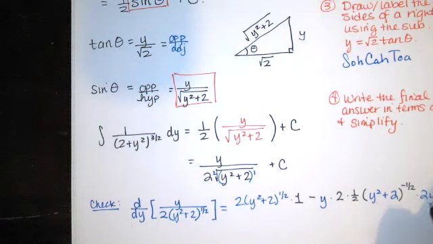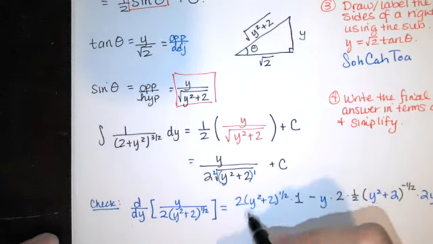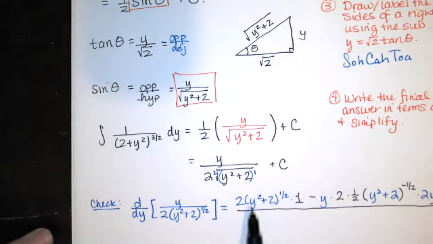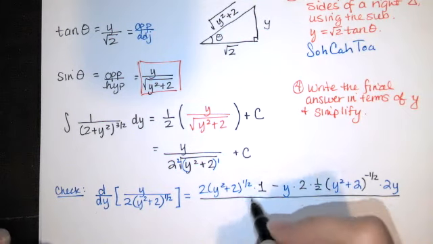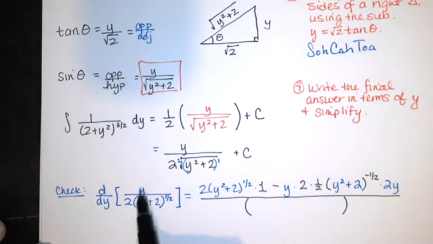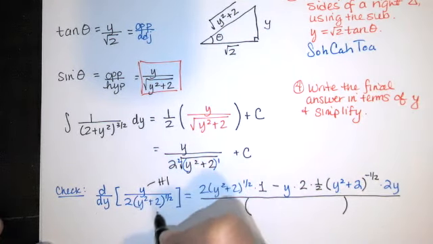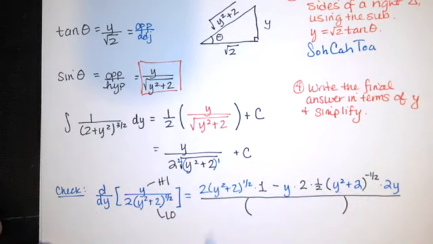Derivative of the inside is a 2y. That's low d high minus high d low over low low. Or if this is high and this is low, low d high minus high d low over low low.